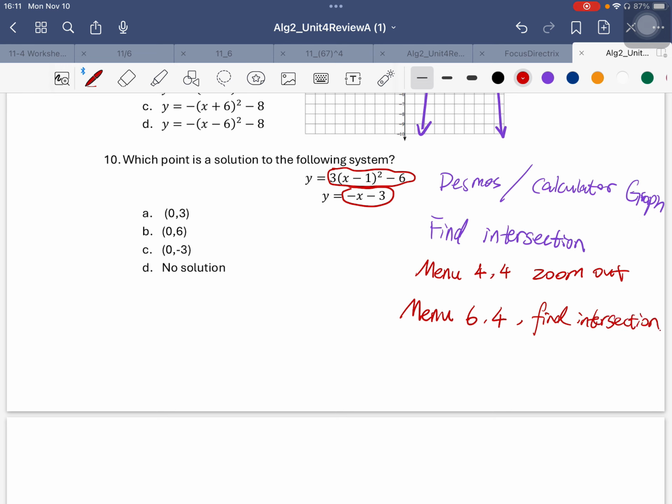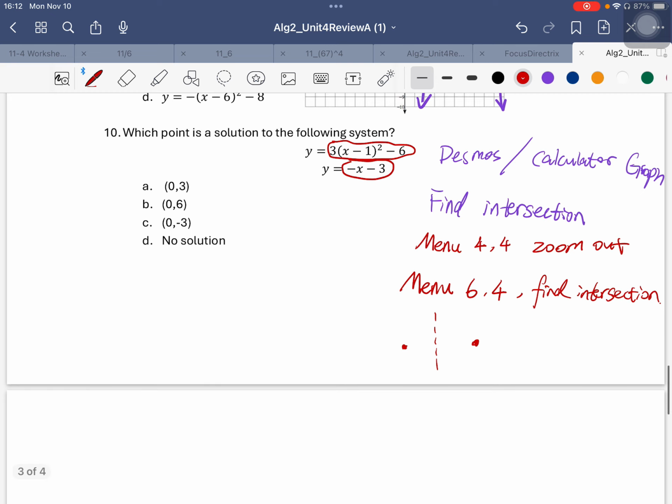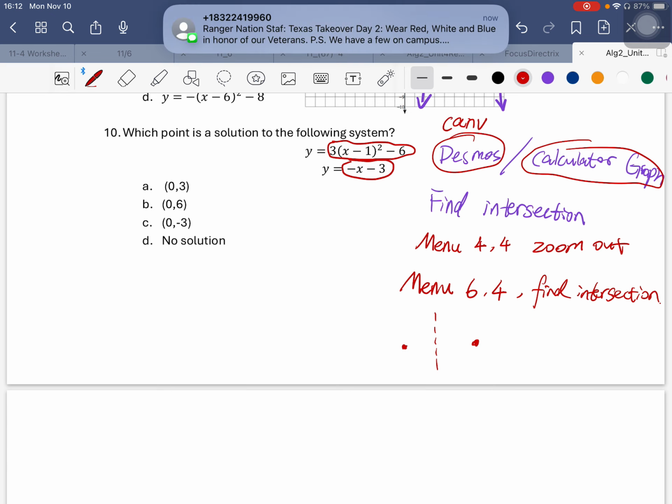If there are two solutions, you start the dotted line in the middle of the two solutions and drag to the left, drag to the right to find the two points. Either use Desmos or the small calculator. If you're using Desmos, you need to use the one that's on Canvas.